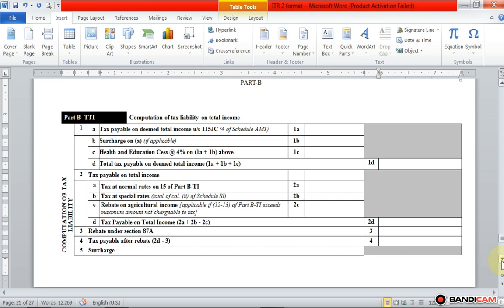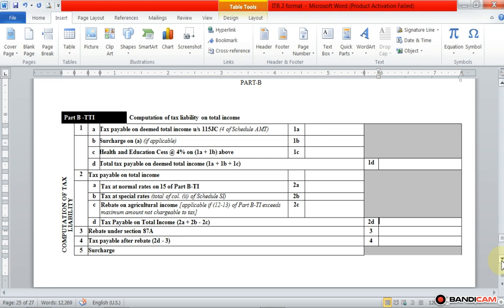Then rebate on agricultural income, which is tax free, goes in 2C. Then we make a total and put it in 2D, that is tax payable on total income, 2A plus 2B minus 2C.